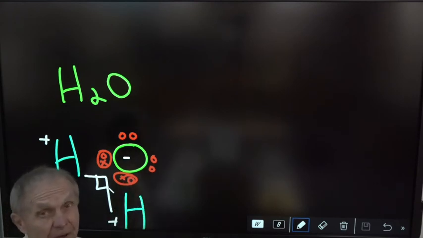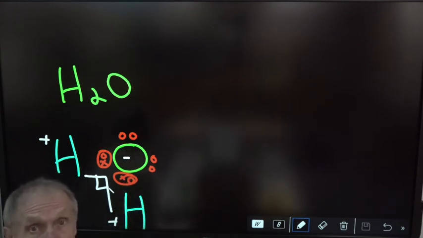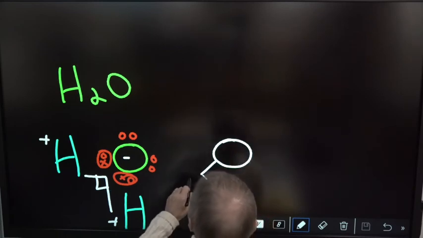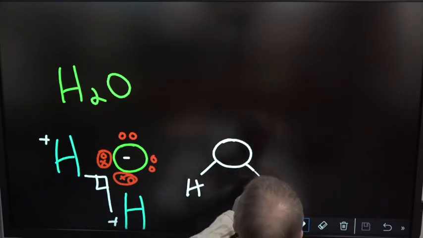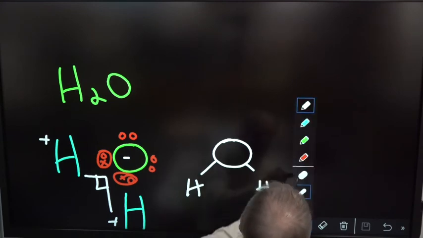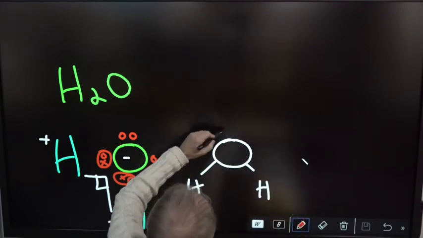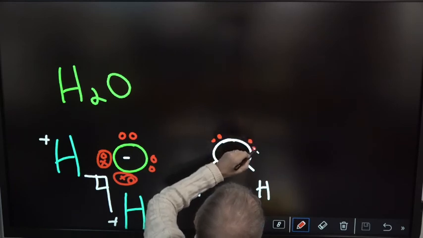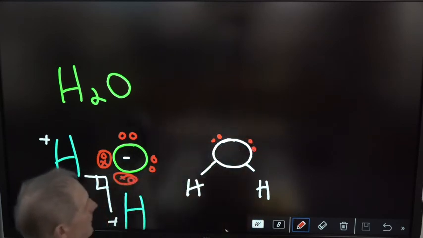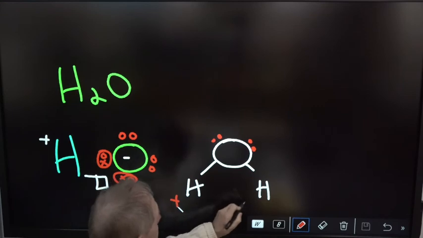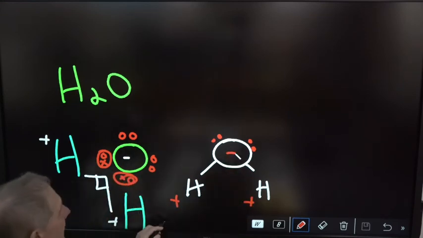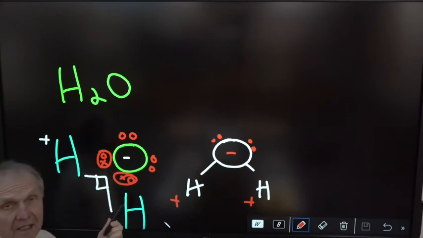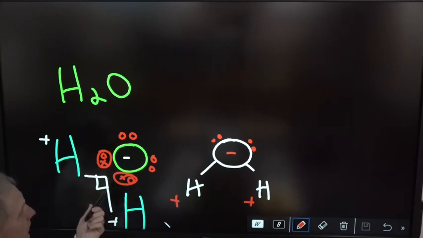So stick figure-wise, this is what a water molecule looks like, and then it has a pair and a pair. And remember, plus, plus, minus. So that's what a stick figure of a water molecule looks like. A little bit more than 90 degrees, about 102 or 103 degree angle.